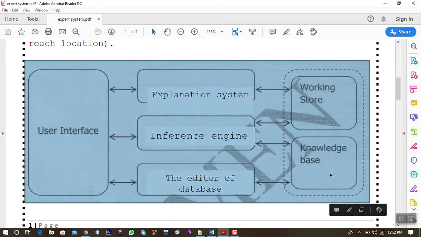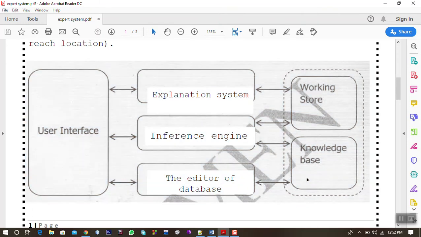The information that has been missing there is supposed to be updated by an expert who is a computer scientist, like we are training to be computer scientists, who will be able to update the knowledge base so that it is fully equipped to cater for the latest ailments that are coming. And that is the reason why we need what we call the editor of the database. It simply enables us to update the database or to remove things that are no longer in use. The knowledge base basically needs to be updated frequently.